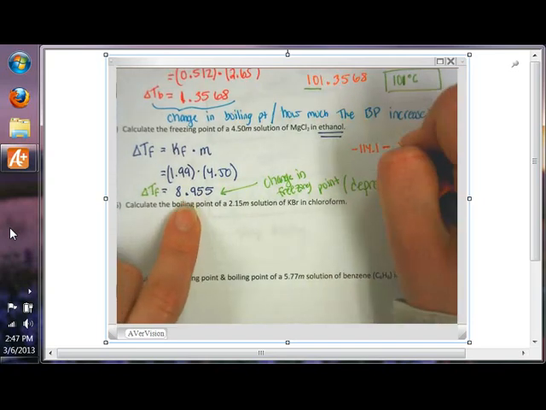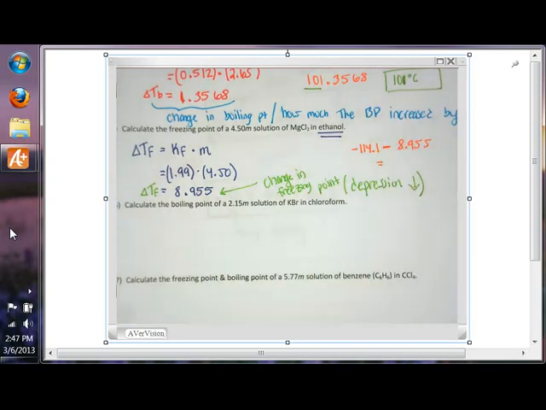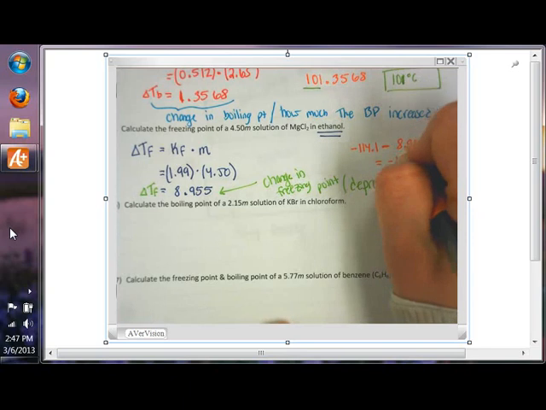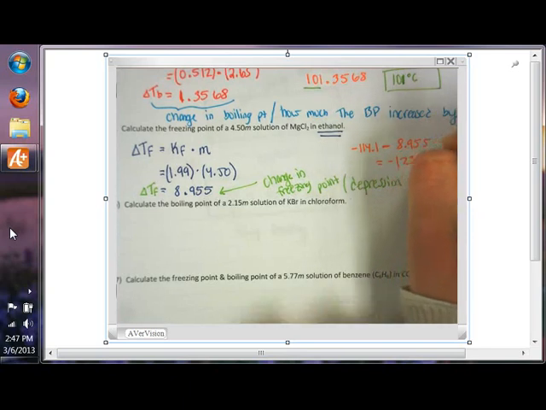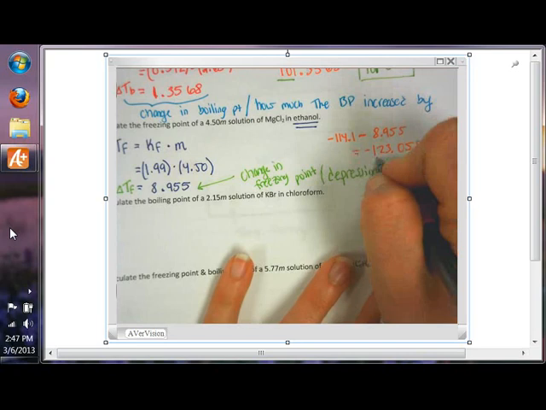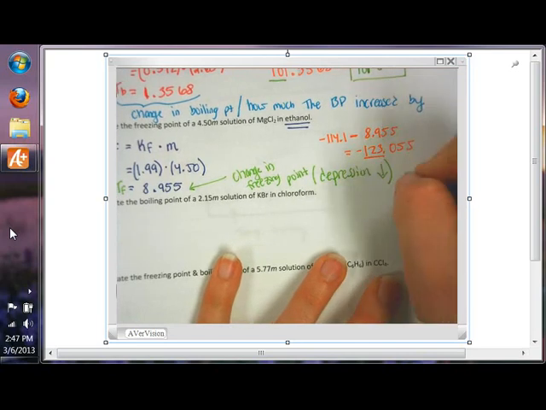And my calculator is going to spit out negative 123.055. And I'm just going to give everything 3 sig figs in this for these questions. So that's negative 123 degrees Celsius.